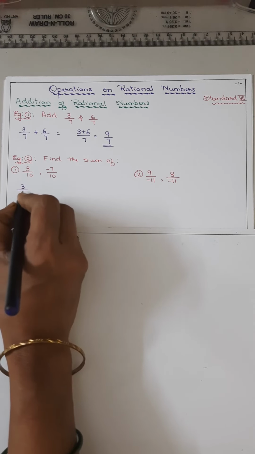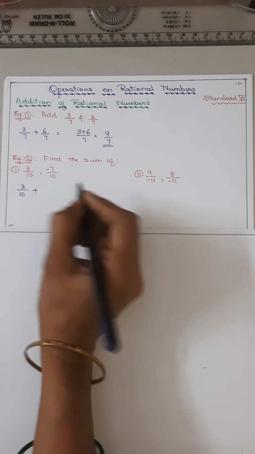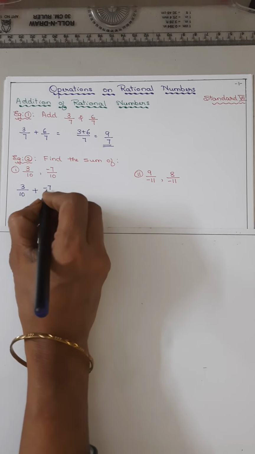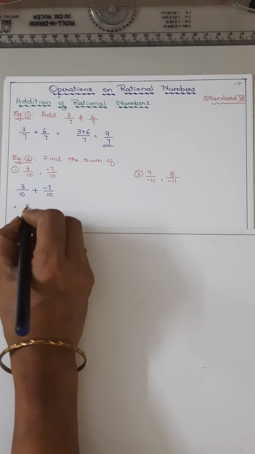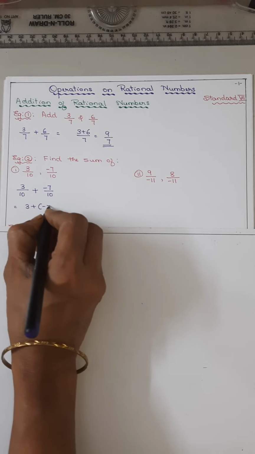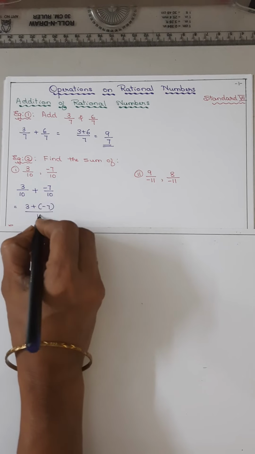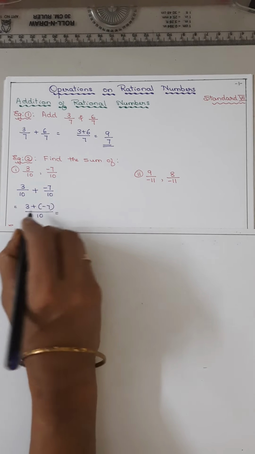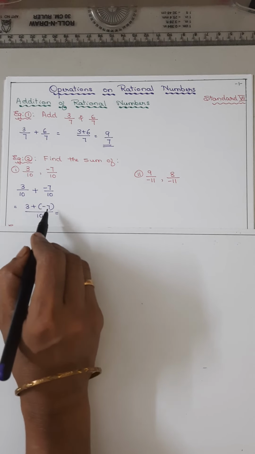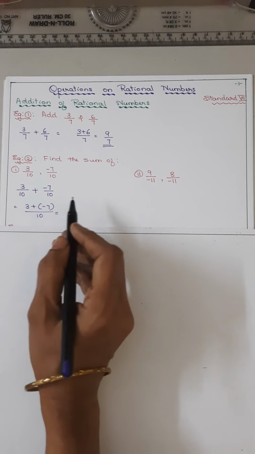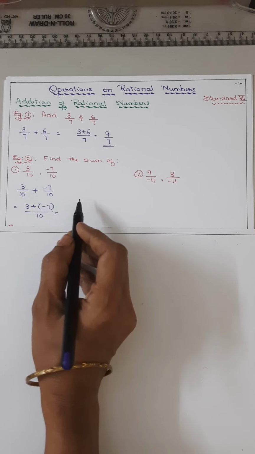First write the question putting the plus sign in between, minus 7 by 10. That is equal to 3 plus bracket minus 7 and denominator is 10. So in integers, you remember when the signs are different, you have to see for the difference, means subtraction.